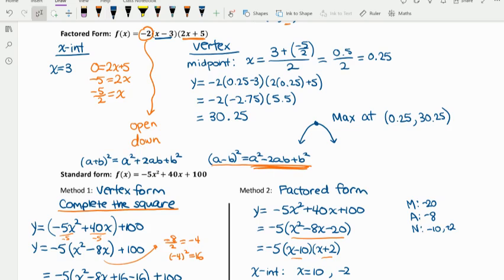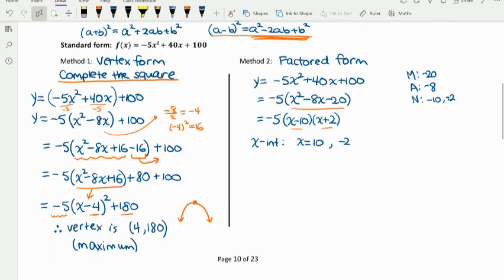So you have your x-intercepts. Let's find the midpoint. So if I want to find the vertex, we're just going to take the x-intercepts 10 and then add the negative 2 and divide it all by 2. So 8 divided by 2, which is 4.